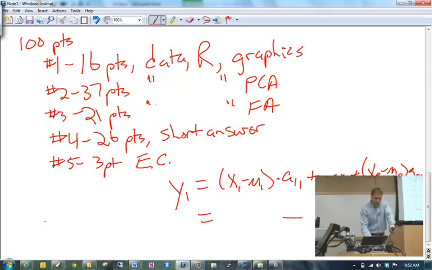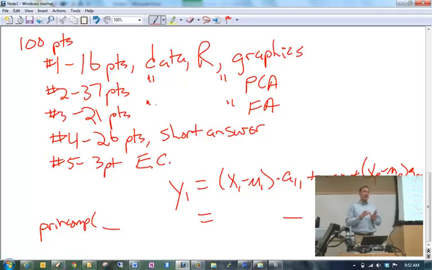You can say, well, I used princomp to do the calculation, and here's a little bit of the information about the arguments. If you simply put a numerical result down without giving me any background about how you got it, I will not give you full credit.